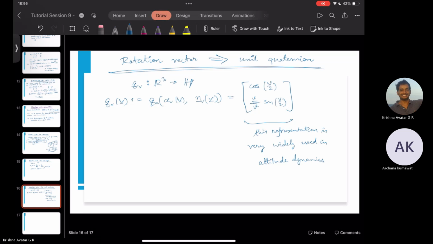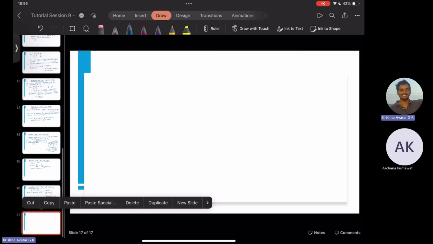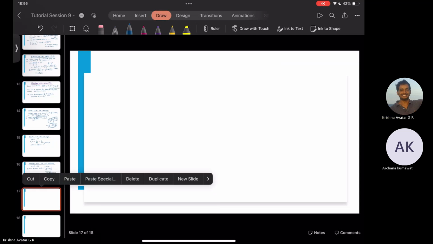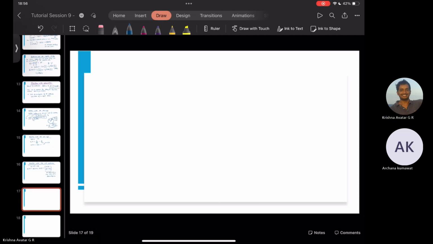So we can go the other way around. Now say we know the quaternion, right? So we are looking at the inverse mapping now. So the idea is, given a unit quaternion, what is its corresponding rotation vector?